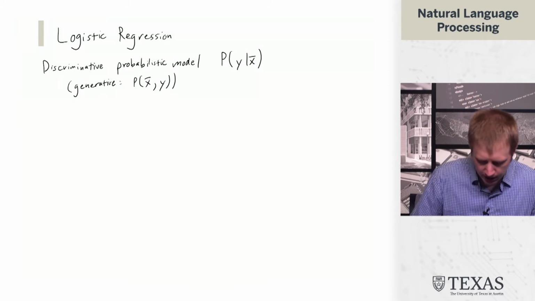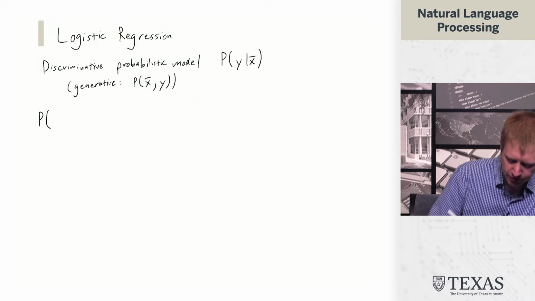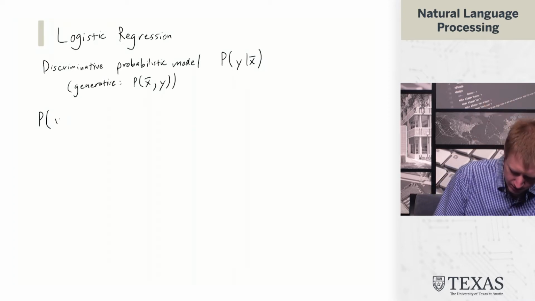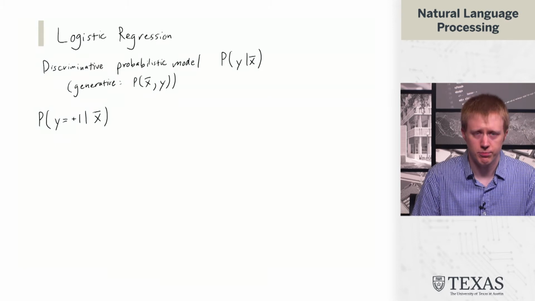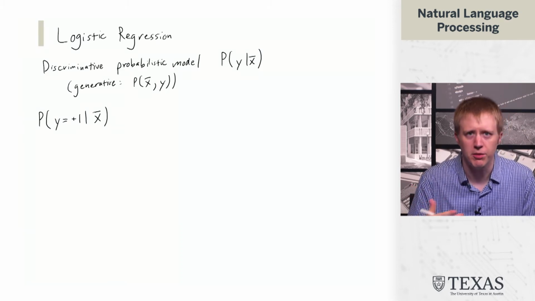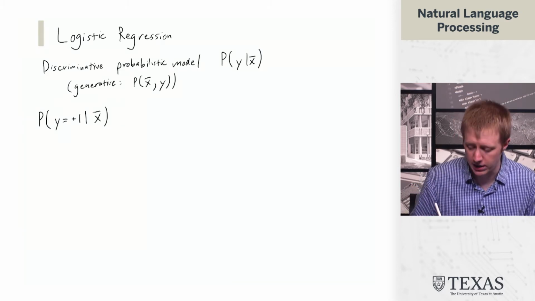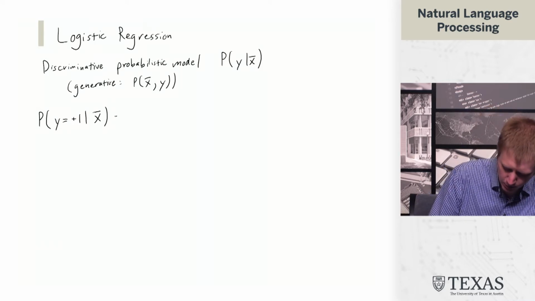OK, so let me write down the definition of binary logistic regression. We are defining here the probability of the positive class, the probability that y equals +1, conditioned on the input data point. And it takes the following form.